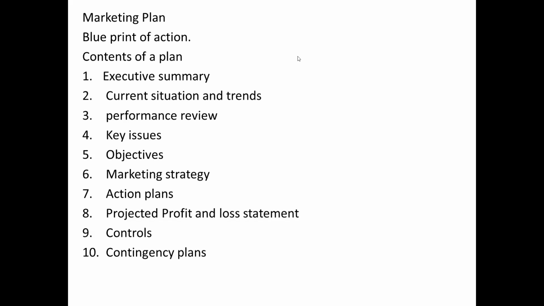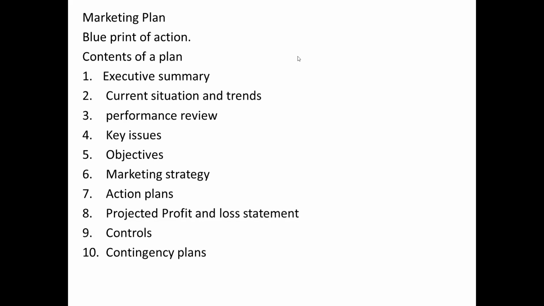Now here, suppose the company is planning to launch a new product, this executive summary should have a brief background of the market trend or the situation, like what is the potentiality of this product which is going to be launched, who are the competitors, what would be the pricing, what is the demand for the new product, and the trends of demand.